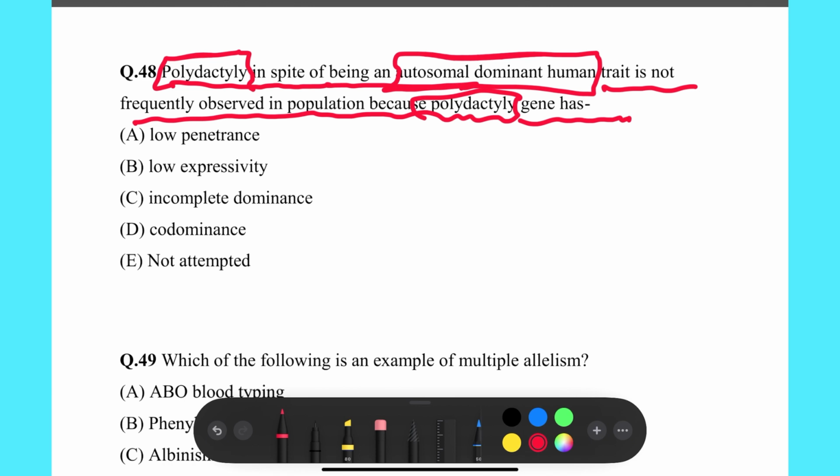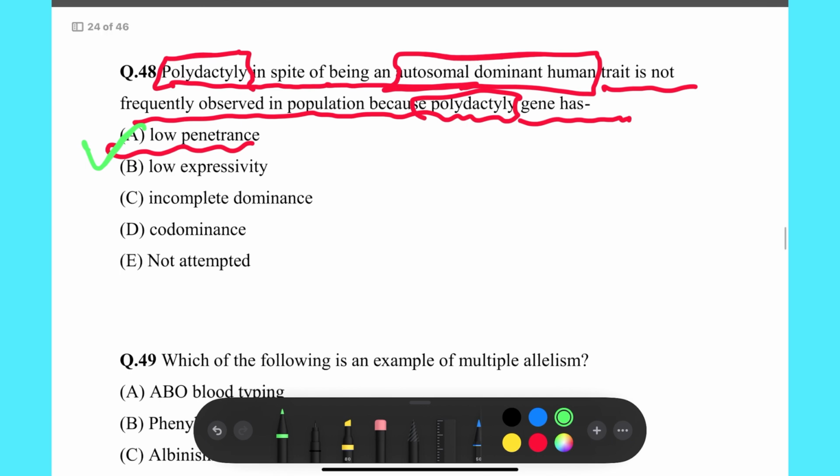Otherwise, an autosomal dominant trait can be frequent, but it does not show in the population frequently. The reason, polydactyly shows low penetrance, so not everyone with the allele shows the phenotype. We can say the answer will be low penetrance, okay.